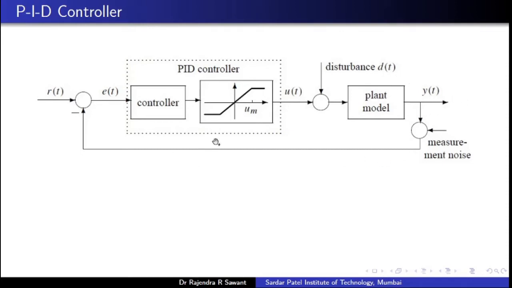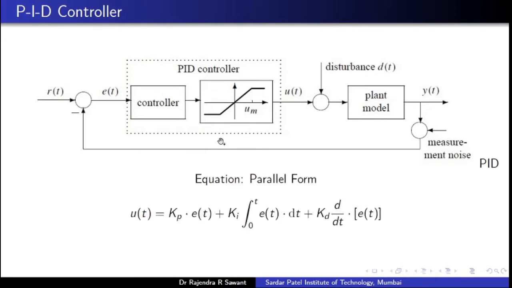So this is a typical control system which everybody knows, and this is a generalized expression for a PID controller. So we know that Kp is a proportional gain, Ki is an integral gain, and Kd is a derivative gain. This form of PID equation is also called a parallel form, where the unknown coefficients are Kp, Ki, Kd.